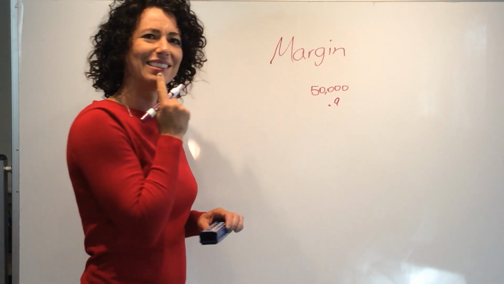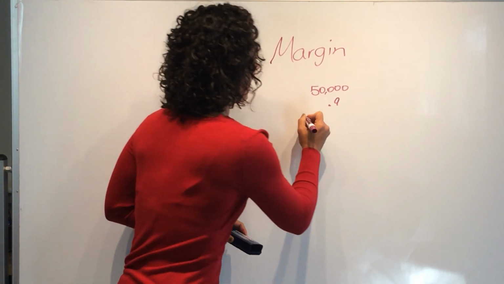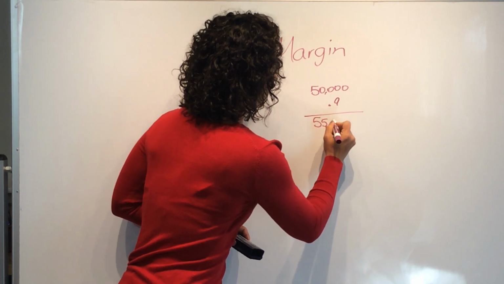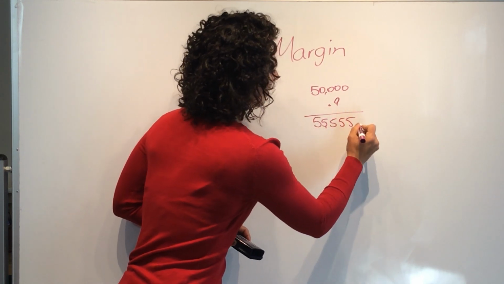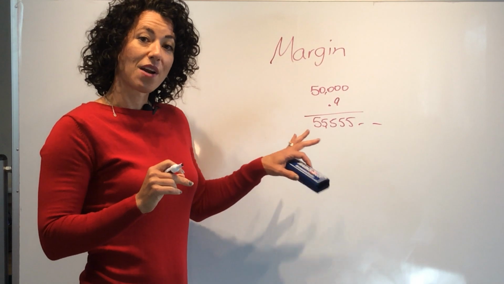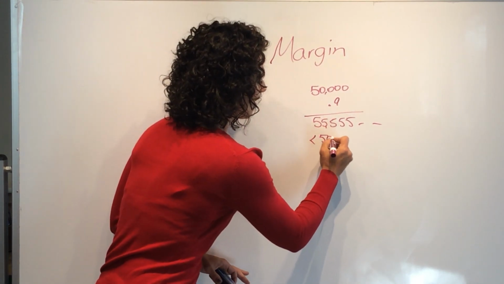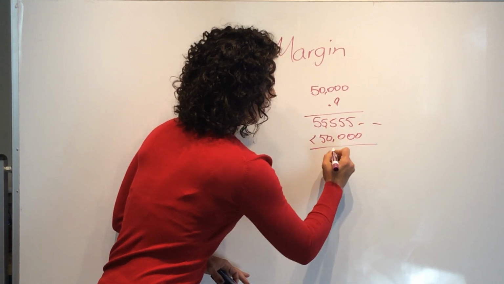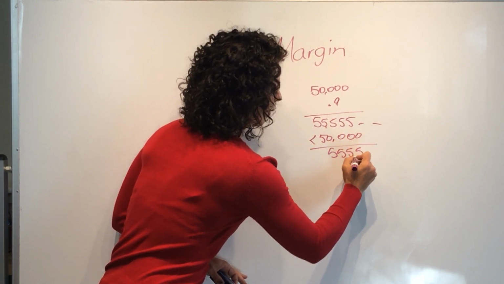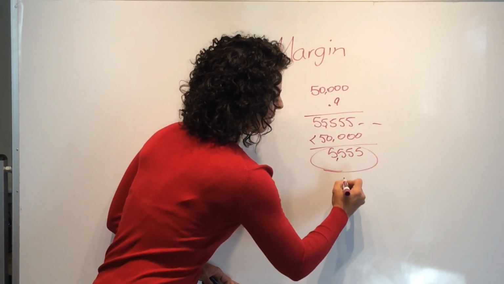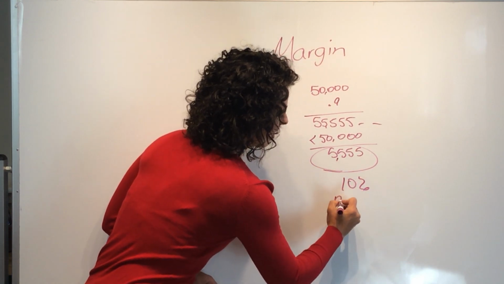I think this is right. And we get 55,555. Whenever we use this math and we take this 55 minus the 50, this results in a 10% margin.